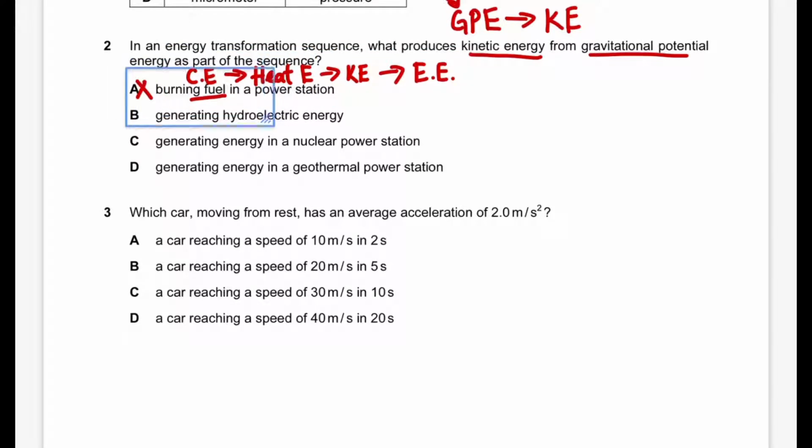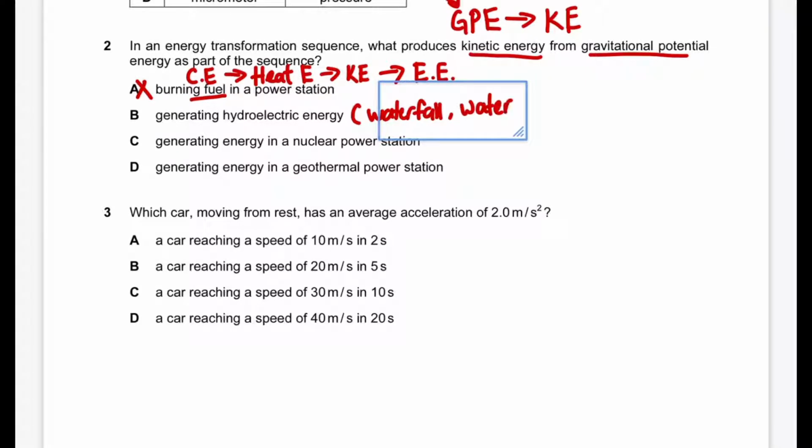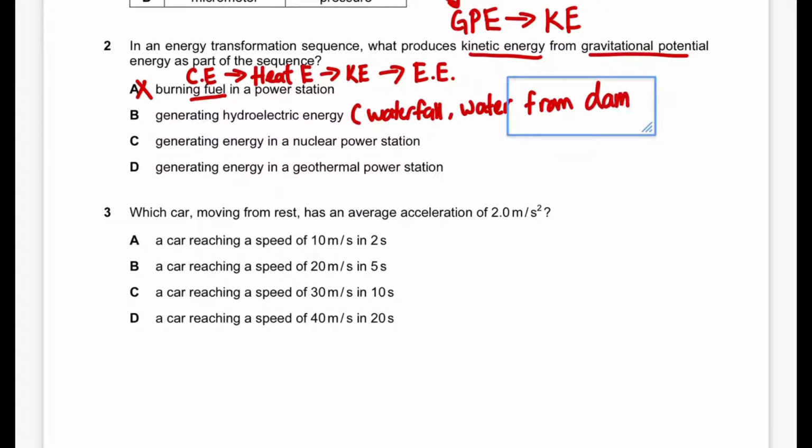A is out. B, generating hydroelectric energy. Now, hydroelectric energy is usually harnessed from water in motion or waterfall or water released from dams, or water reservoir.